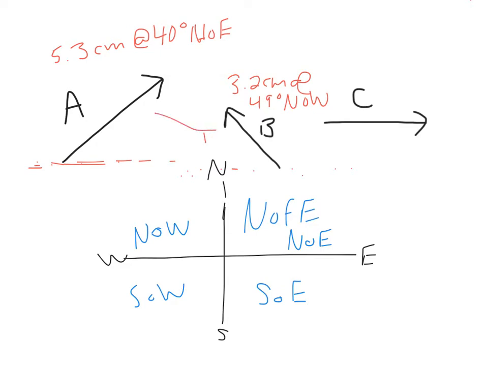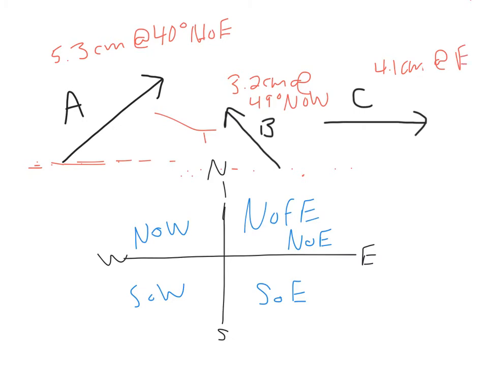And then vector C is 4.1 centimeters long, at, that's a bad "at", let's fix that. This is directly east, so this is just 4.1 centimeters east.